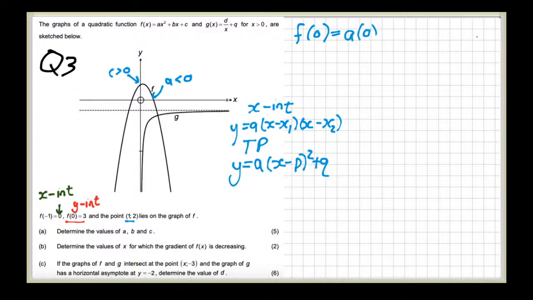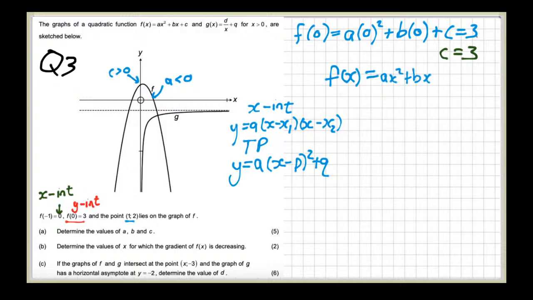So a times 0 squared plus b times 0 plus c, and this must be 3 because they did tell me it's the coordinate (0, 3). Lovely, because only c is left. So in other words, I have that f of x already is equal to ax squared plus bx plus 3.